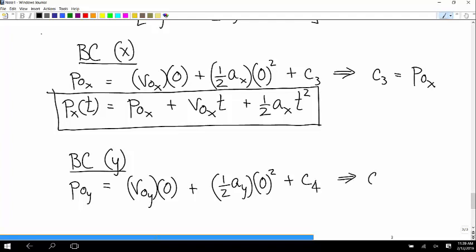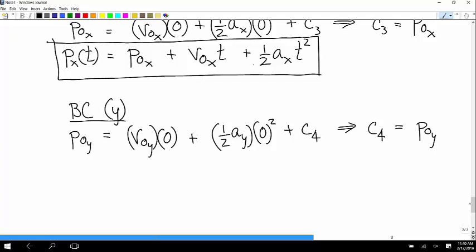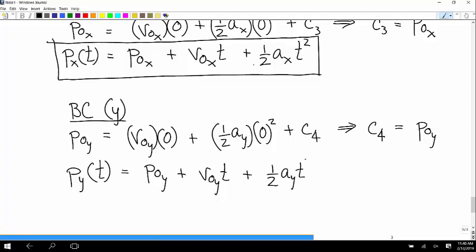And so you get that c4 is equal to p0y. Plug that back into your function for py, and py as a function of time is equal to p0y plus v0y t plus 1/2 ay t squared.